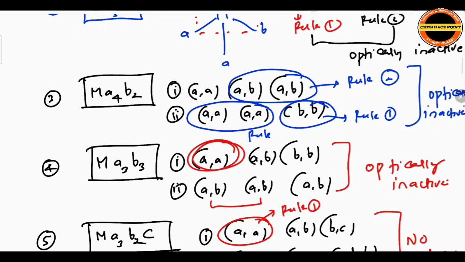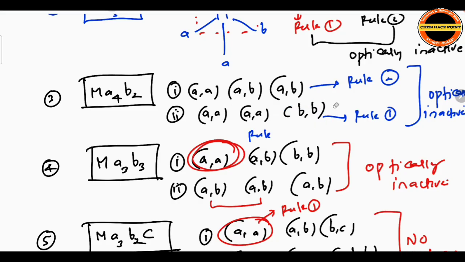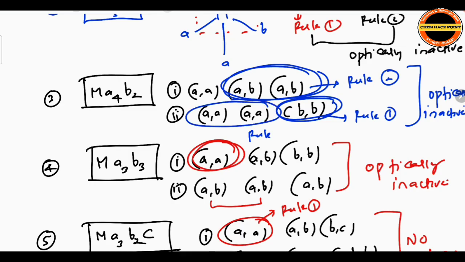Next, MA4B2. AA, AB, AB. Different combinations I showed here. Observe it. Here 2 pairs are the same.